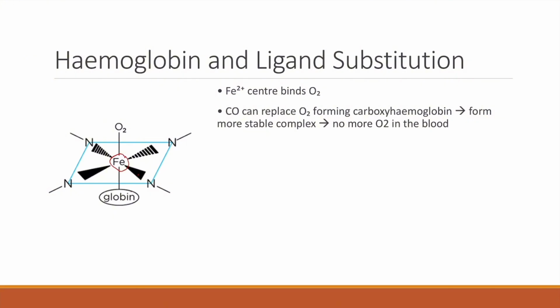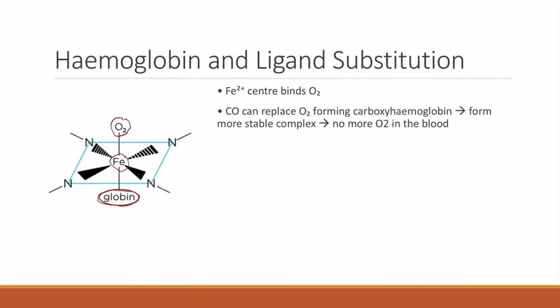One of these will come from another protein called globin, and then the sixth one will come either from oxygen or from water. So this complex can form a coordination bond with oxygen, and it can be transferred around the body. It will give the oxygen to the tissues, and then this is going to be substituted by the water molecules.